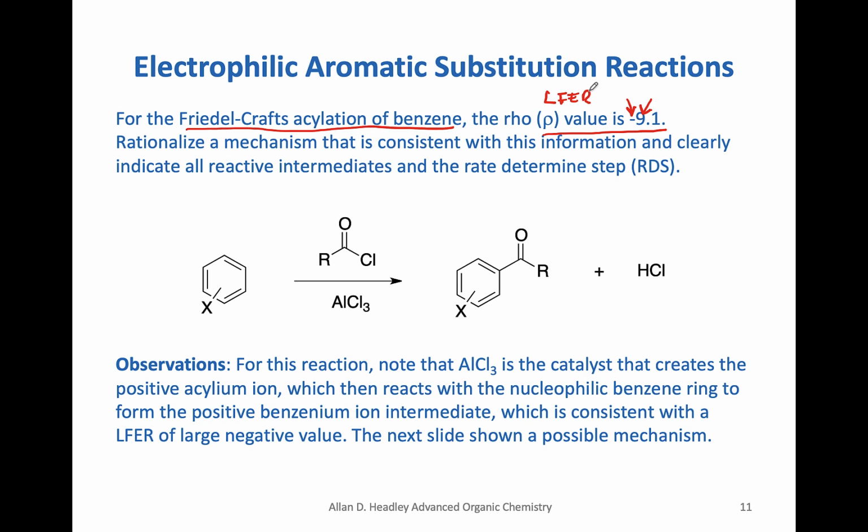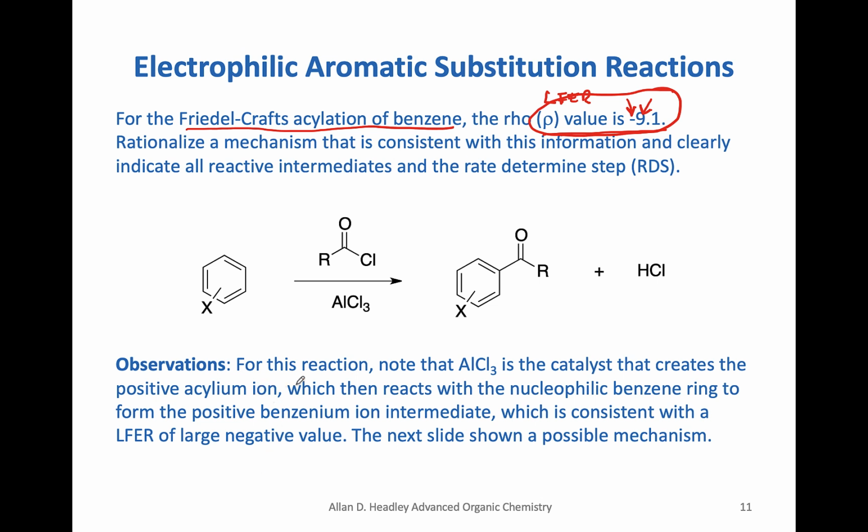It's the Hammett plot. So the question now is, can this information be used to justify the mechanism that we have just proposed? Or, using the reverse, can we explain this experimental observation by a mechanism?